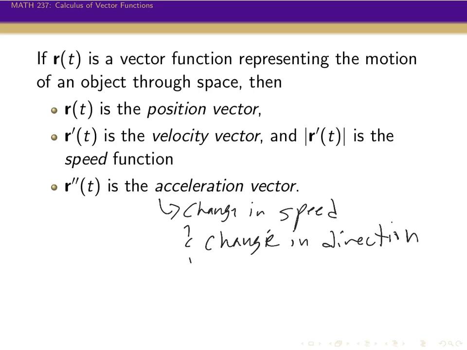And so r double prime is really the vector that's telling you about how you're turning. And so later on we will get into very specifically how, given r prime of t and r double prime of t, you can see exactly how speed is changing and how the direction is changing.